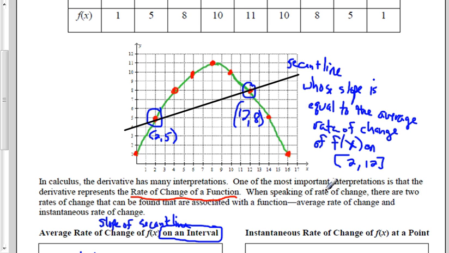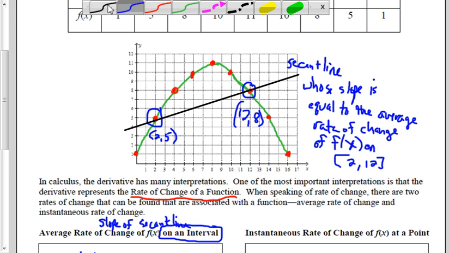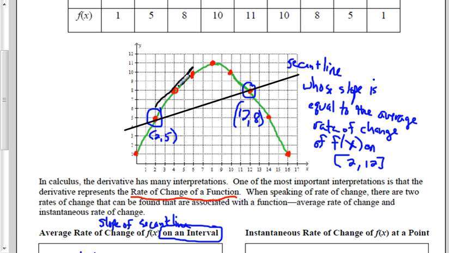Okay, now we're going to look at the instantaneous rate of change of f of x at a point. Let's look when, down at the bottom, it says at x equals 4, and we'll start here. When x equals 4, I'm right here, and there's my tangent line.